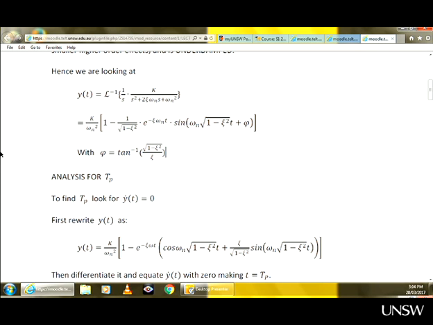It also says here that it is equal to square root of 1 minus psi squared over psi. So what I'm doing now, I'm saying that this equals this, and this equals this.